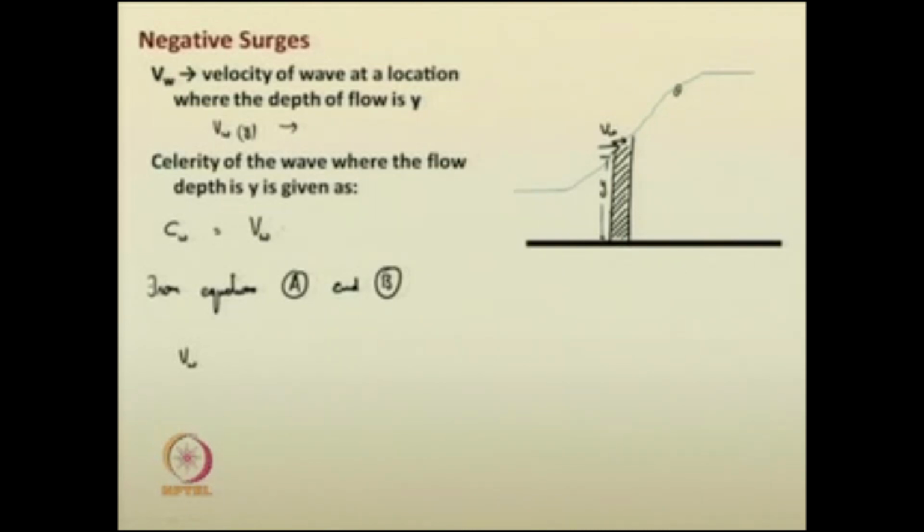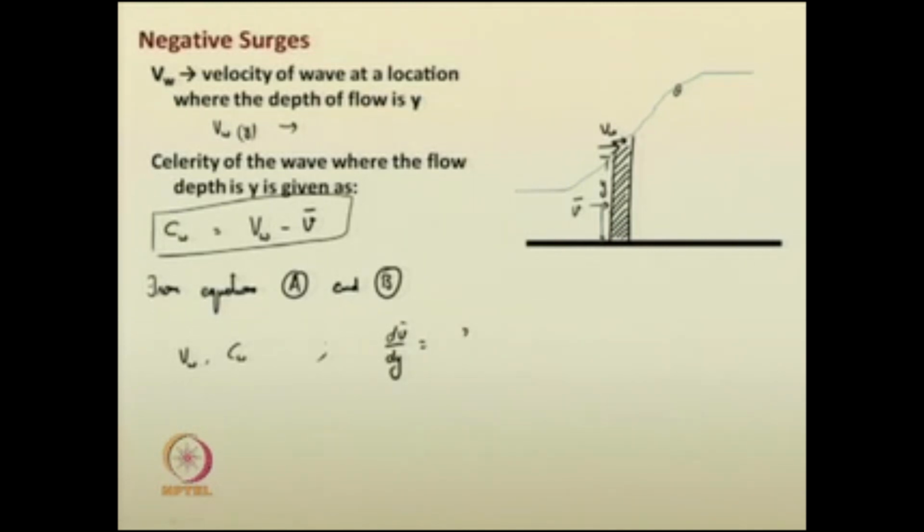So, that was given yesterday as V w minus the velocity of water at that location. Here the velocity of water is V. So, celerity is given like this. So, using both V w and C w, and also from equations A and B, I will just work it out for your benefit.